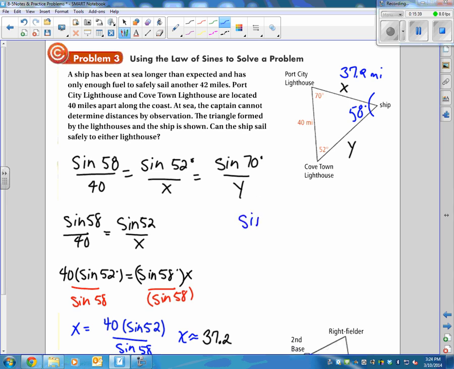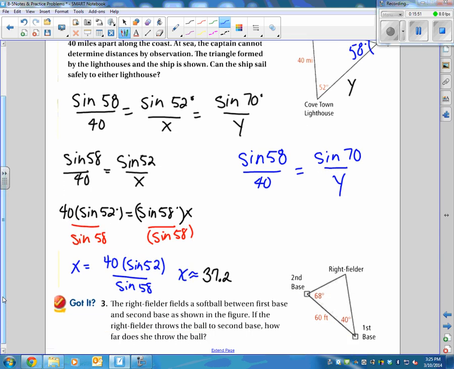So I'll say that the sine of 58 over 40, again, going back to given values whenever possible, equals the sine of 70 over y. And again, I'll just cross multiply these to see what I end up with. And it looks like I'm going to have the sine of 58 times y equals 40 times the sine of 70.